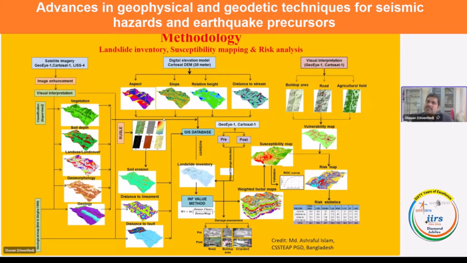That is the inference we draw from here. Similarly, we can stitch relative height with inventory, distance to stream with the inventory, aspect with inventory, just to understand how influential each subclass within the class is in landslide occurrence.